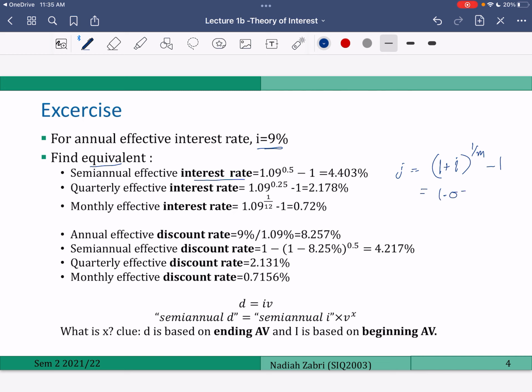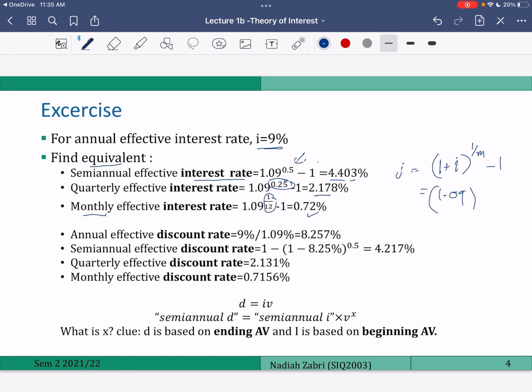So it's 1.09 to the power of, for this case, half, minus 1. So you will get J is equal to 4.403%. For the quarterly effective rate, you just change this part. So you get 2.178%. And for the monthly effective rate, you just change this part, you'll get 0.72%.